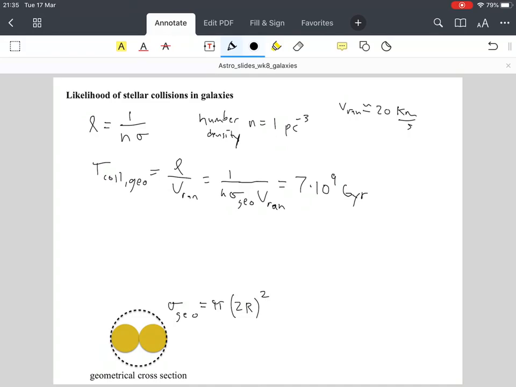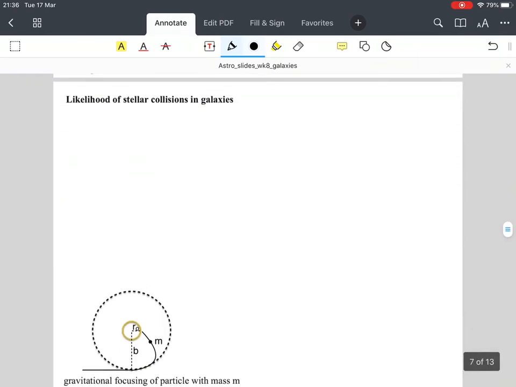However, you've hopefully noticed that we made a huge simplification in our cross-section. We were assuming that these stars inside of the galaxy are moving like balls that are not attracted to each other, that are just freely moving. But that is not true. There's the gravitational attraction, which will want to pull the stars towards each other.